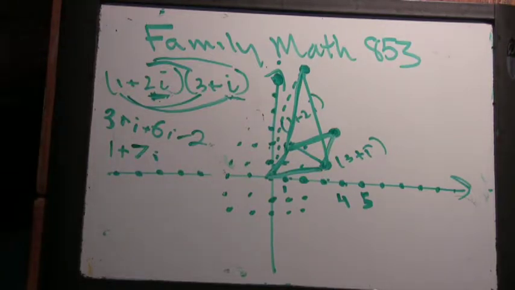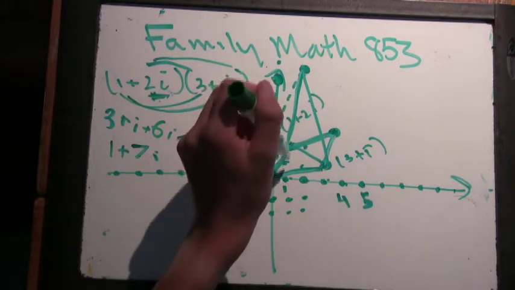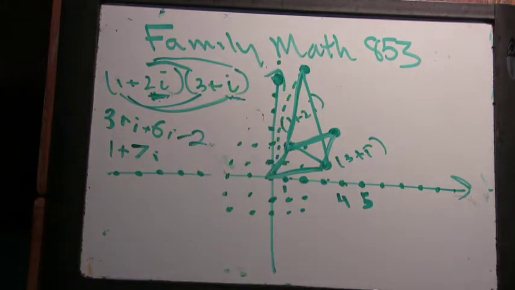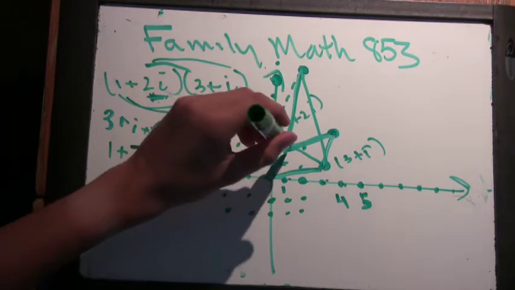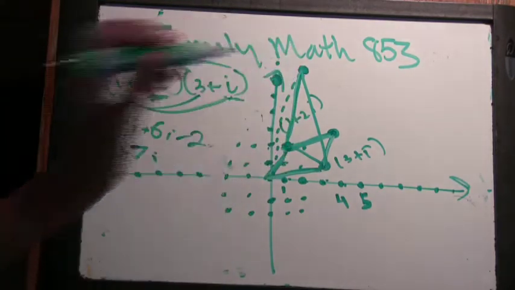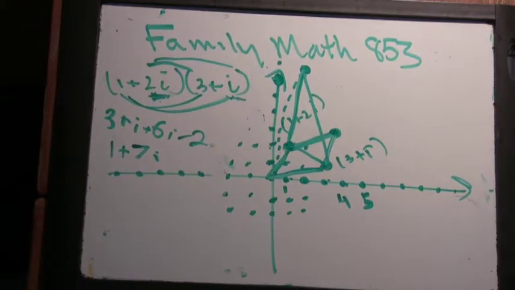This looks like kind of a random triangle. Is there any connection at all between 1 plus 7i and 1 plus 2i and 3 plus i? Well, this is straight up and down, vertical. Okay. We didn't draw it perfectly, but that's okay. I don't see much of a connection between these 3 points.